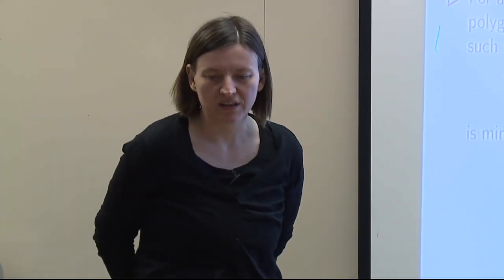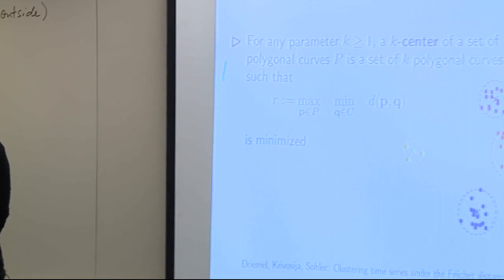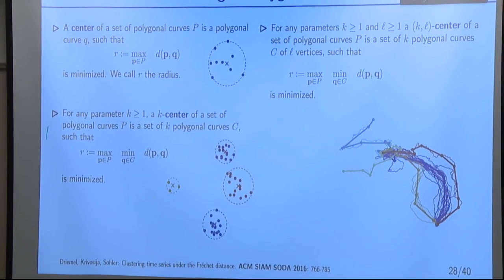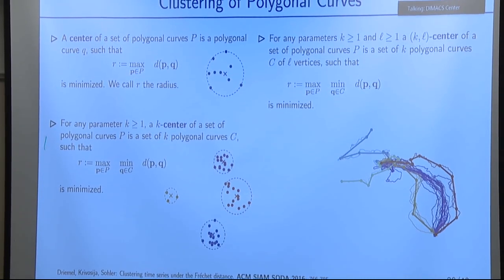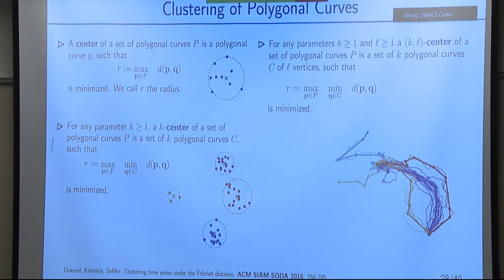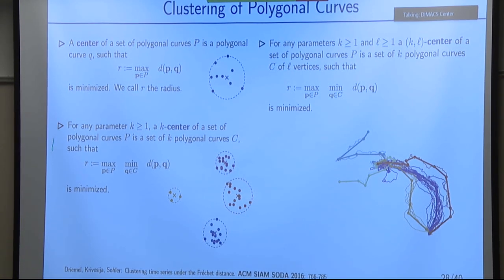And we've already seen the definition of the Fréchet distance, and I will not repeat this now. Let's look at a very straightforward clustering formulation based on the K-center problem. So we have a metric, we have a set of elements in the metric space.